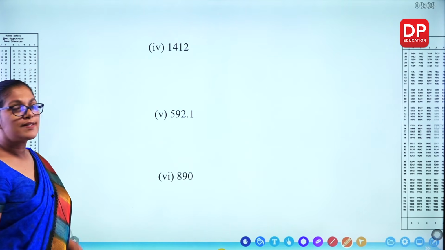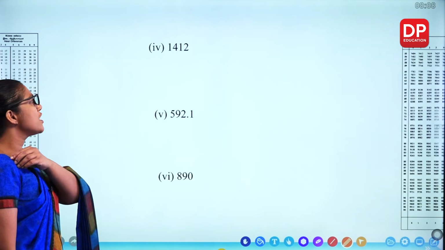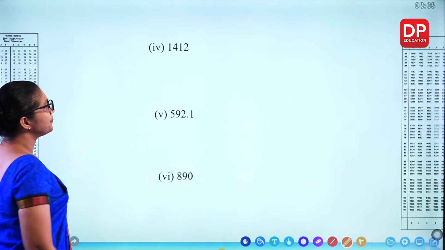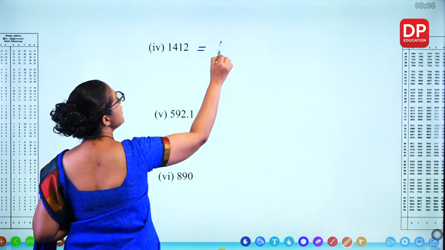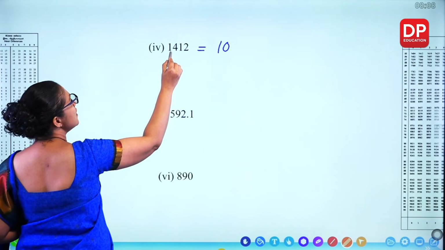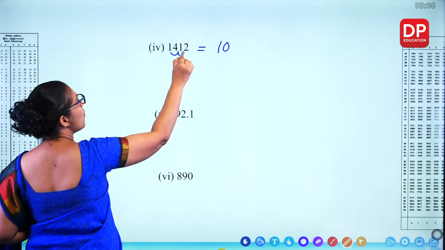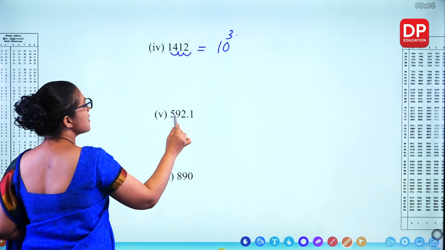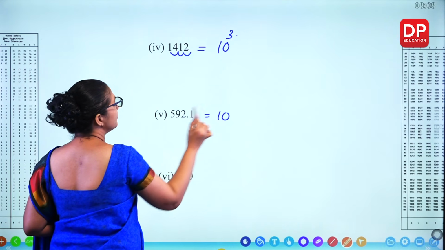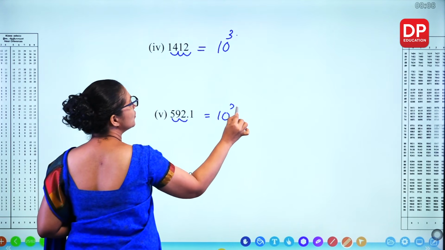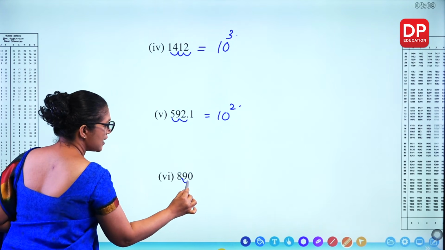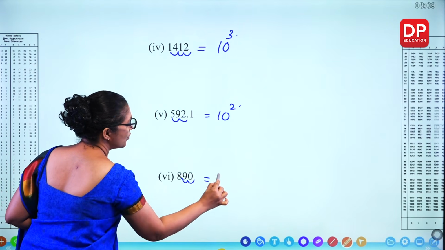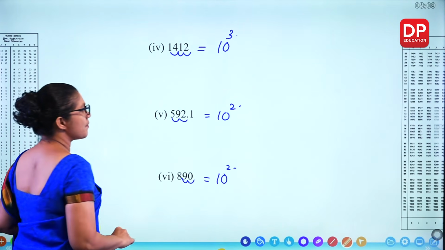Now write down these numbers in index notation as well as log value. What's the characteristic? 1, 2, 3. 3 point something. What's the characteristic here? 1, 2. 2 point something.